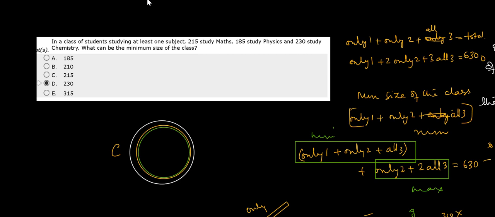So when can only 2 plus twice all 3 be maximum? What is the maximum value of all 3?